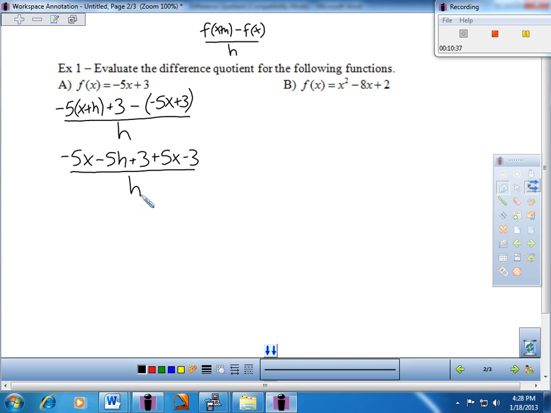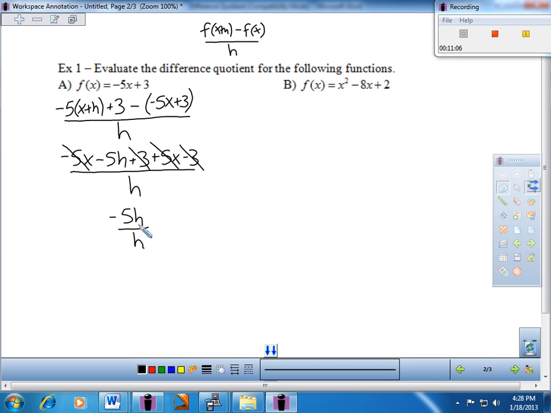So let's see. Take a look at the numerator specifically. Look at that. I've got a negative 5x and then a plus 5x. So algebraically, guys, those cancel. Slash them. I have a plus 3 and a minus 3. They cancel. And so you can see when I do that, I end up getting negative 5h over h.